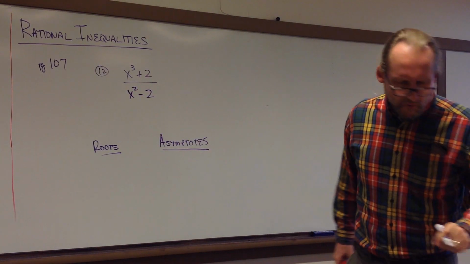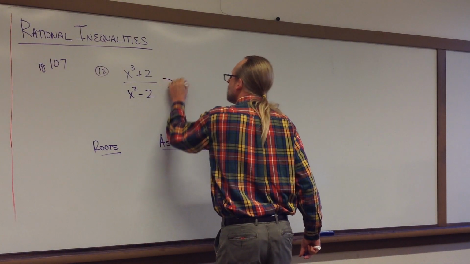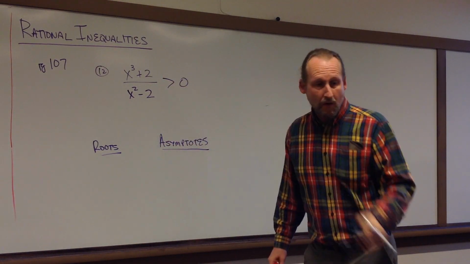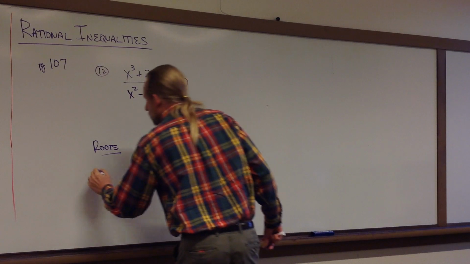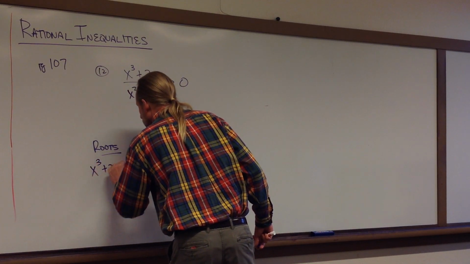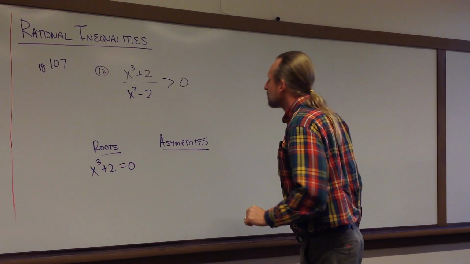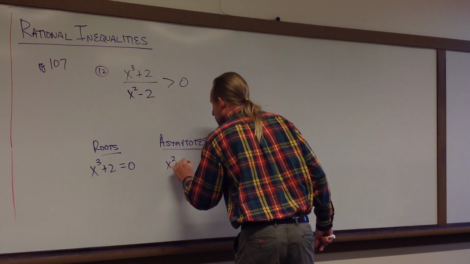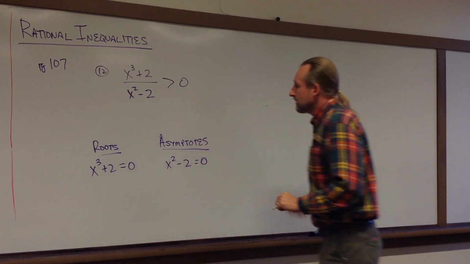And we want to know where that is going to be greater than 0. So for the roots, we'll get x cubed plus 2 equal to 0. And for the asymptotes, x squared minus 2 equal to 0.